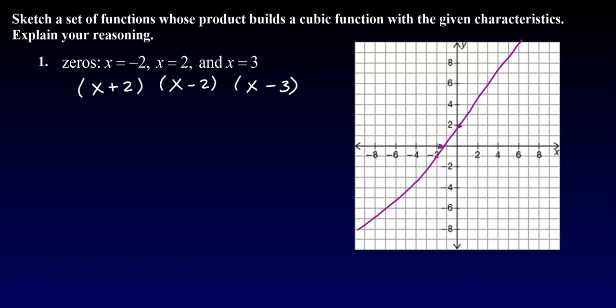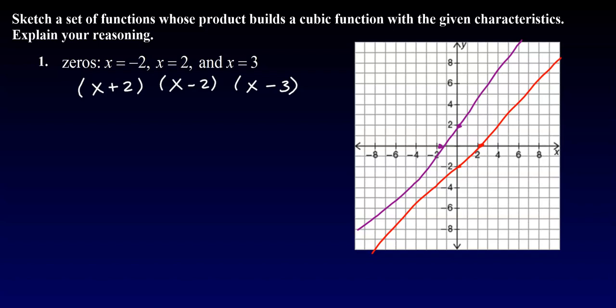x minus 2 has a y-intercept at -2 and an x-intercept at 2. And again, you can draw a line, hopefully using a straight edge.